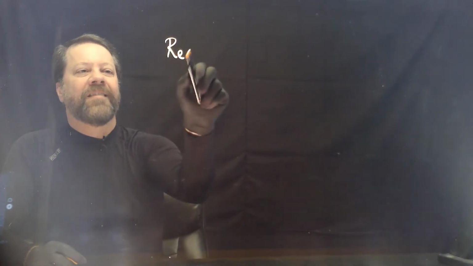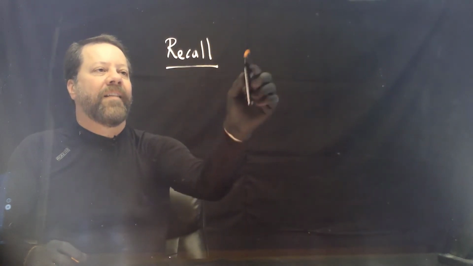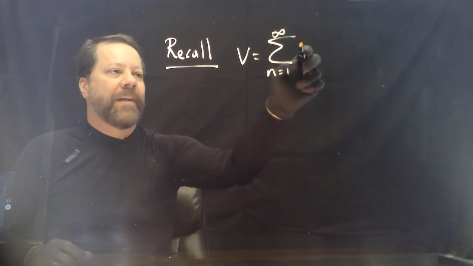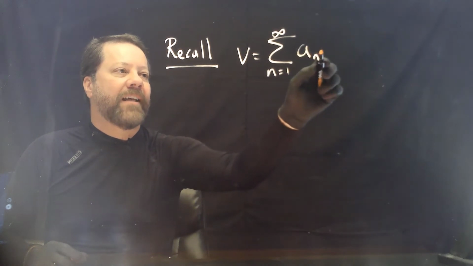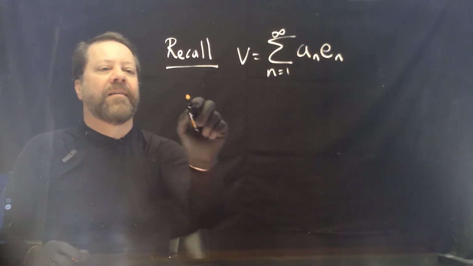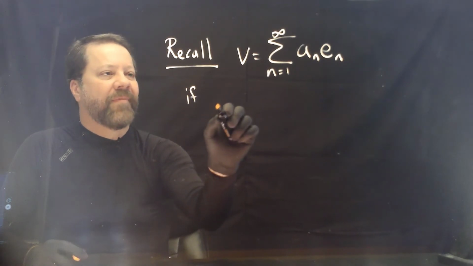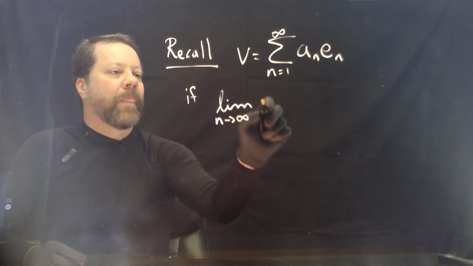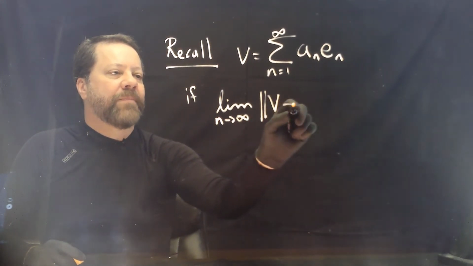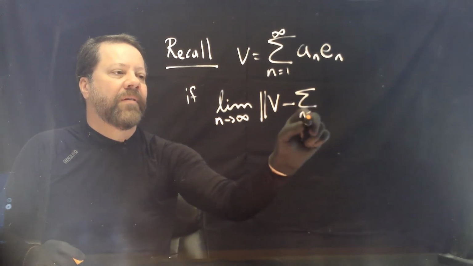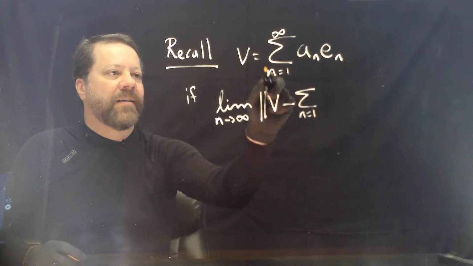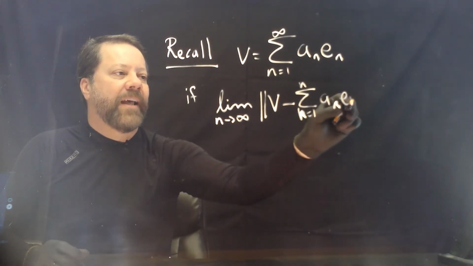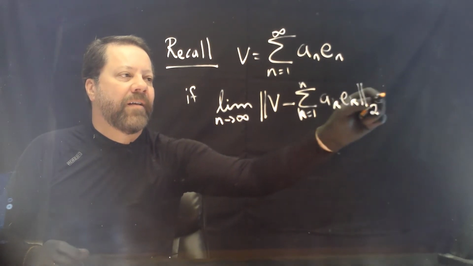Remember that V is the sum, as n goes from 1 to infinity, of, let's say, an En, if in the limit as n goes to infinity, we take the difference between these two, the sum from k equals 1 to n of a sub k, e sub k, is 0.